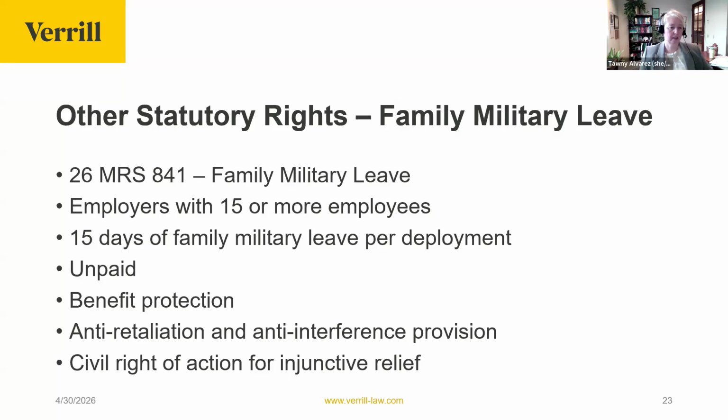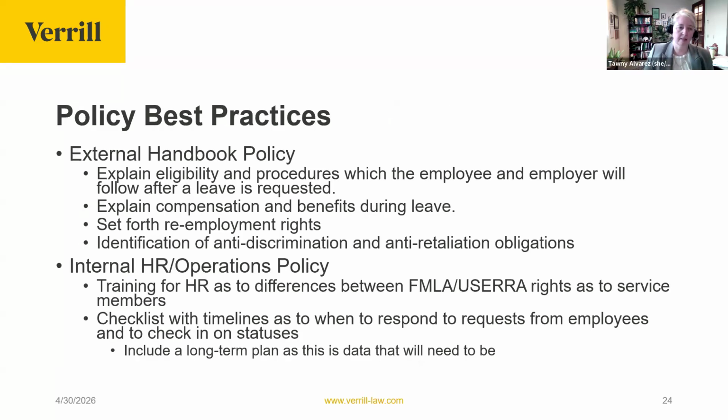Let's turn to our final content slide, and that's policy best practices. We've now spent the last 55 minutes talking about USERRA and other military leave laws. Takeaways, I hope you have a number of them, with the understanding that oftentimes the exceptions subsume the rules in these situations.